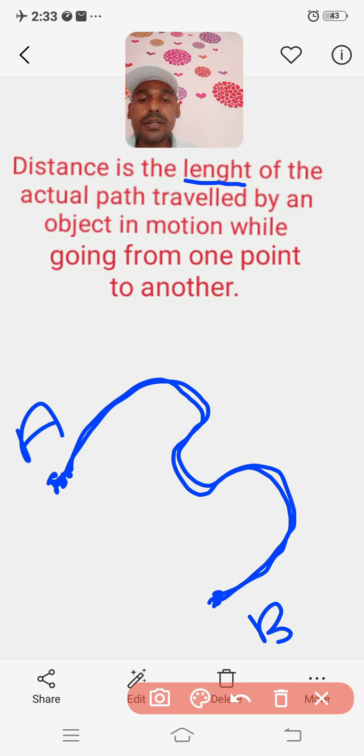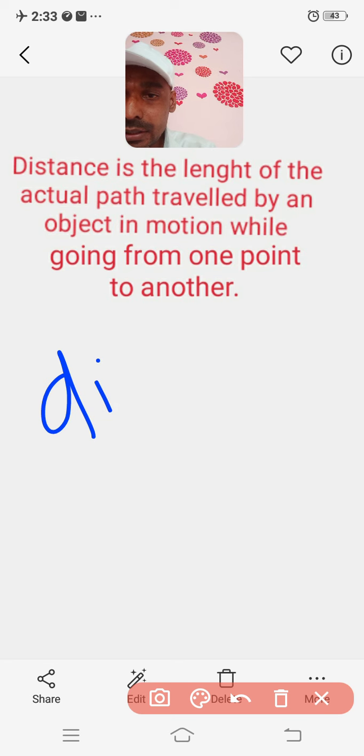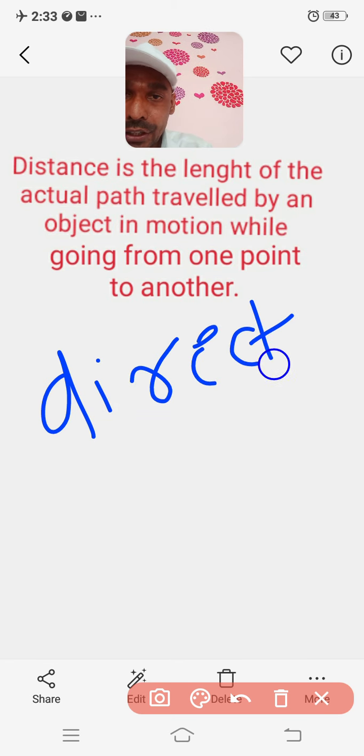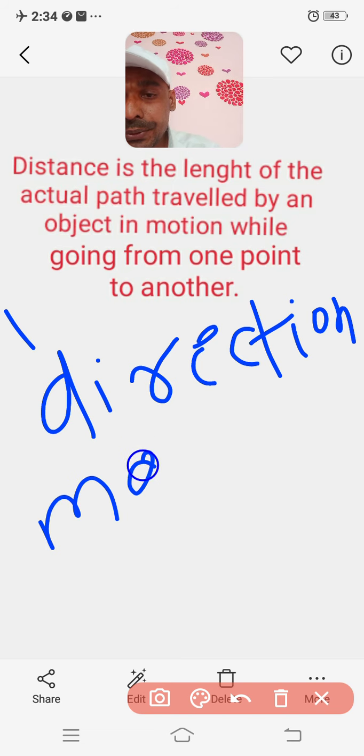I think we understand the definition of distance. Now I tell you the quantity. Distance does not have a direction, but distance has magnitude.